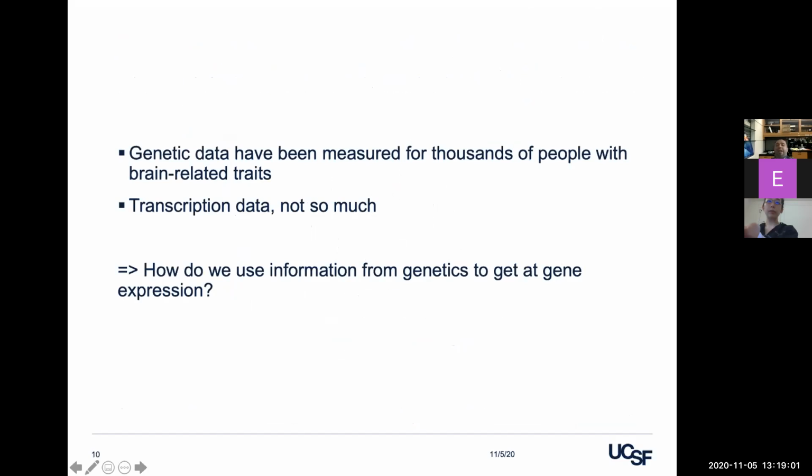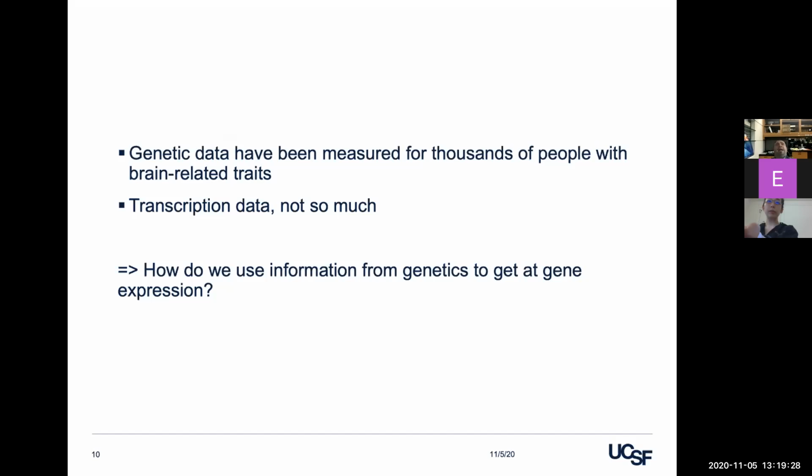I'll get into now the more technical methodology that we address this question with. The idea behind this methodology is that for a lot of these traits, we have tens of thousands of people who have genetic data that are measured, that have been genotyped.